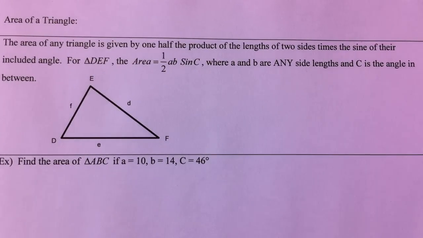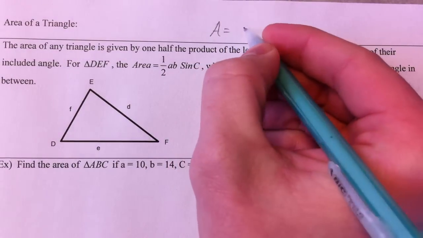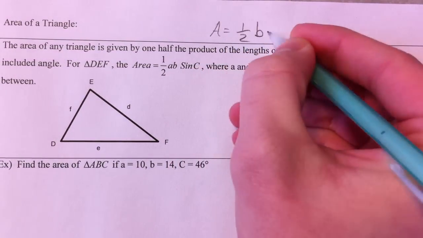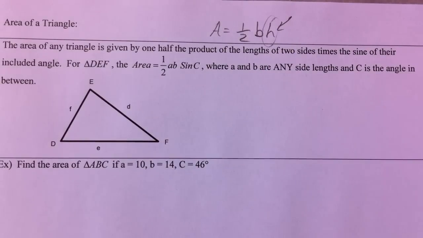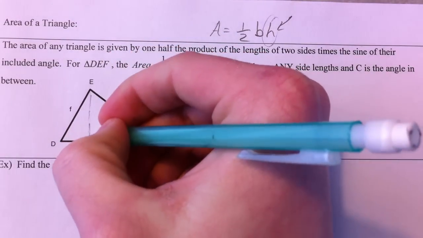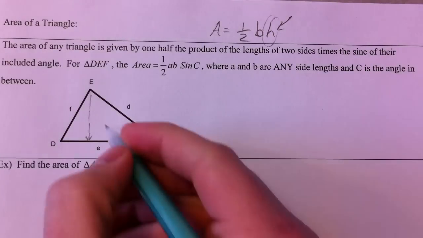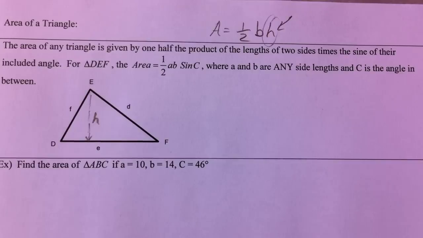We've dealt with area of a triangle before, but area of a triangle always had to deal with 1/2 base times height. And this height was the difficult part, because you have to be able to find the height of your triangle, which was this altitude part, and it's not always easier said than done.